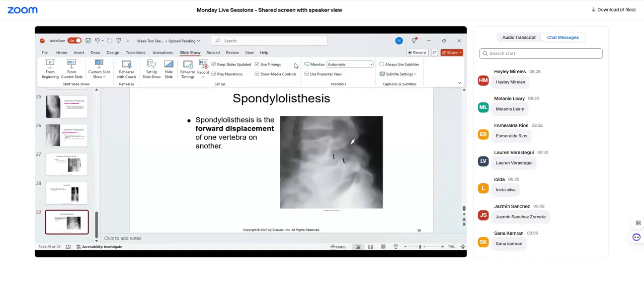Make sure on your discussion board this week that you are citing your sources. In your post, you'll do your in-text citation, and then at the end of the post, at the bottom of the page, you'll do your reference.